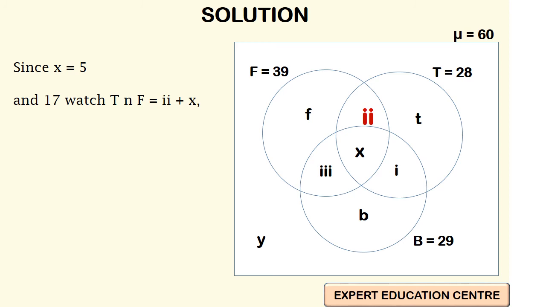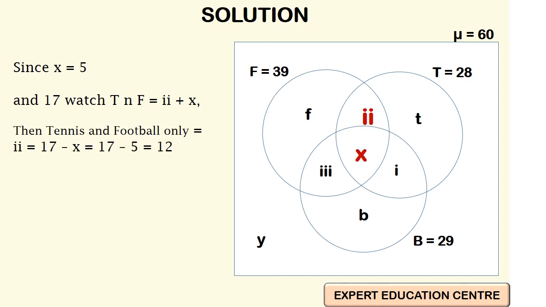II will be 17 minus X, where X is 5. Therefore, the number of women that watch tennis and football only will be 17 minus 5, which gives us 12.